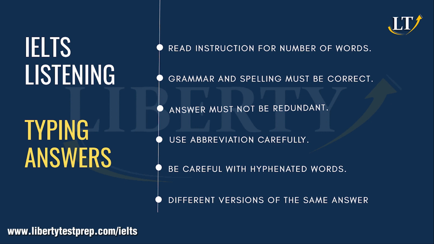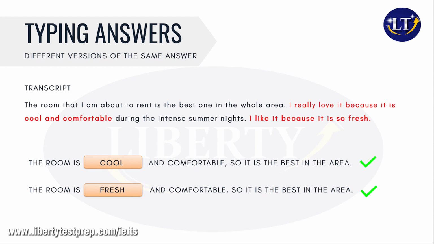And then the last rule for typing your answers. Different versions of the same answer, okay? So there could be different versions of the same answer and both of them are going to be correct. Let's read this. Let's say this is a transcript from the audio. It says, the room that I am about to rent is the best one in the whole area. I really love it because it is cool and comfortable during the intense summer nights. I like it because it is so fresh. Okay.